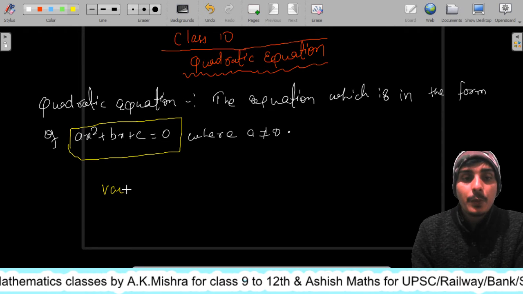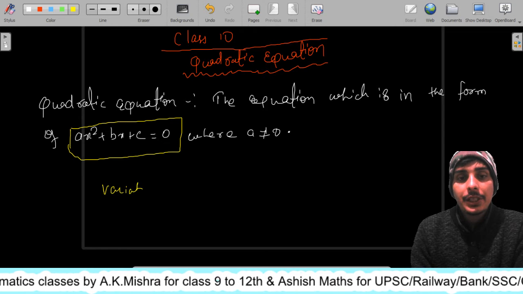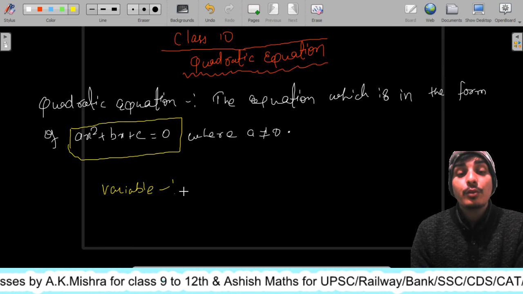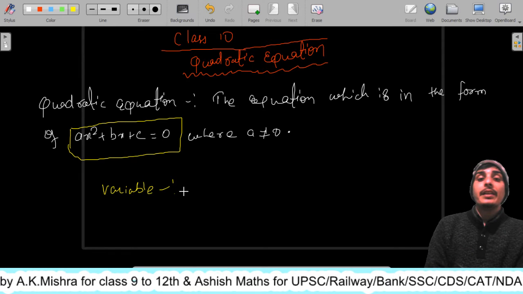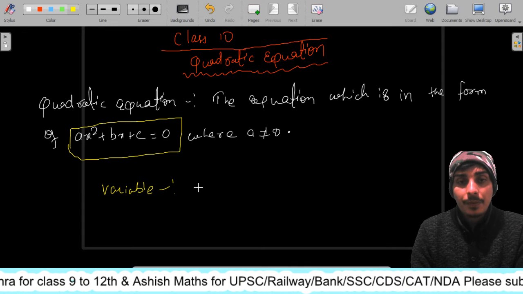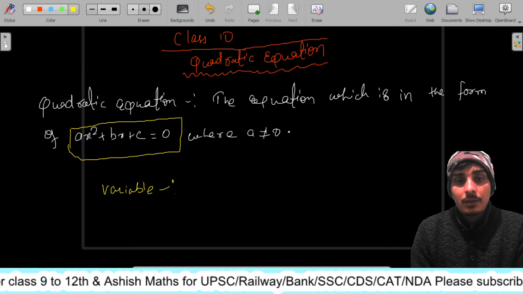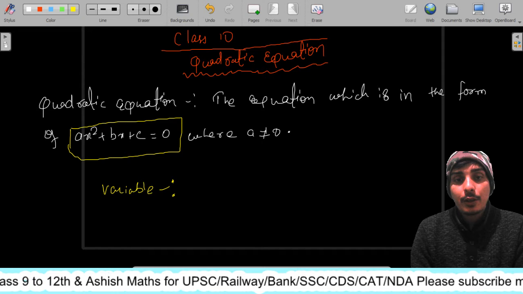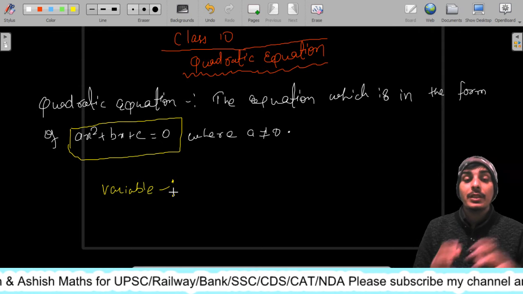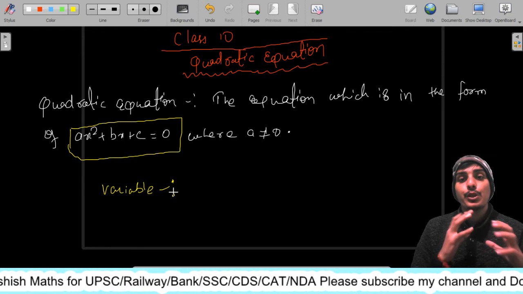The first one is the variable, right? What is the variable, guys? A variable is a thing whose value is not fixed, right? The variable is an object which is used in the quadratic equation and in any equation, but its value is not fixed.